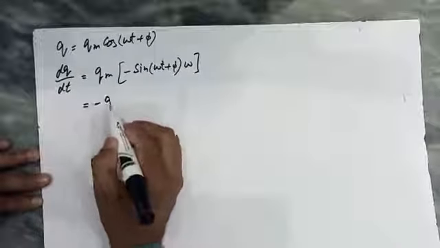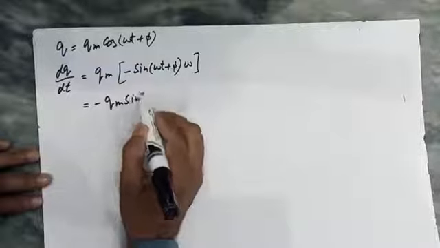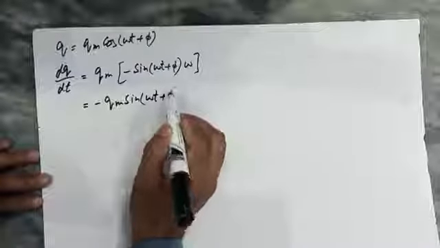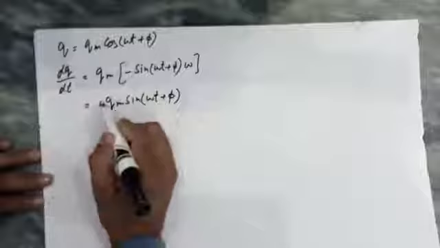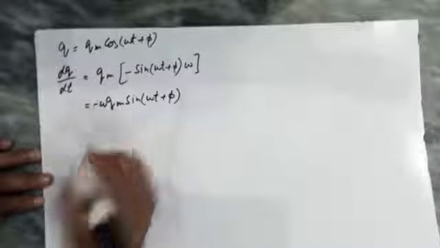This is minus omega Qm sine(omega t plus phi).